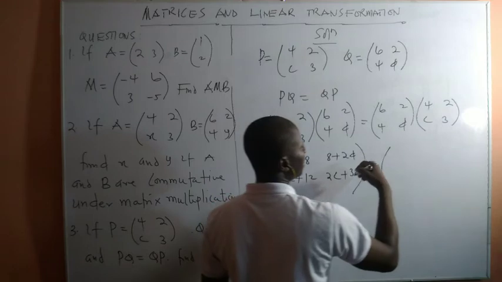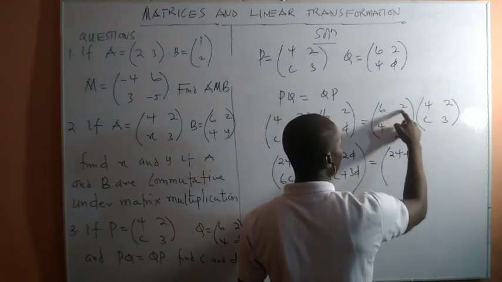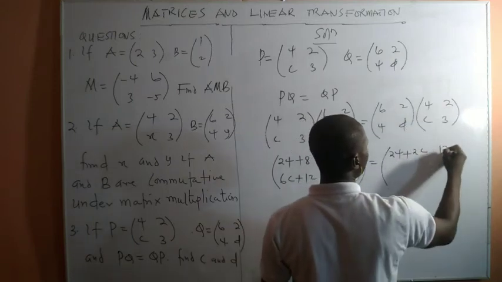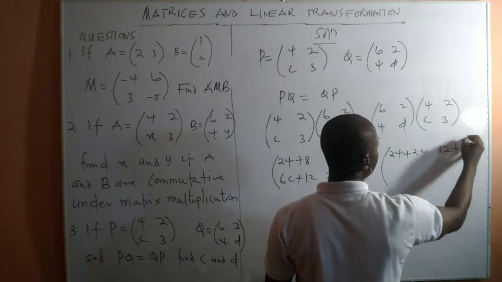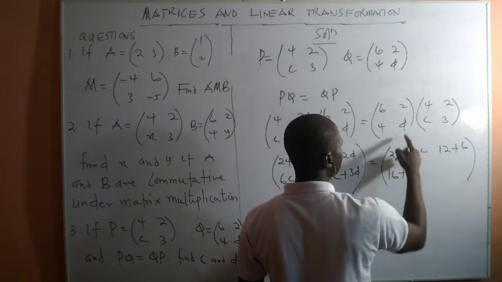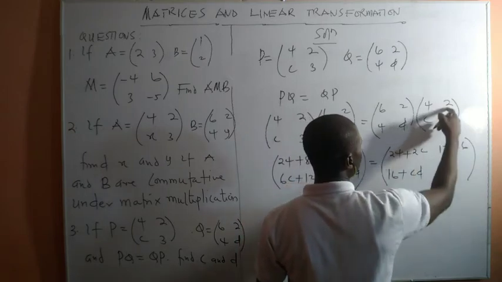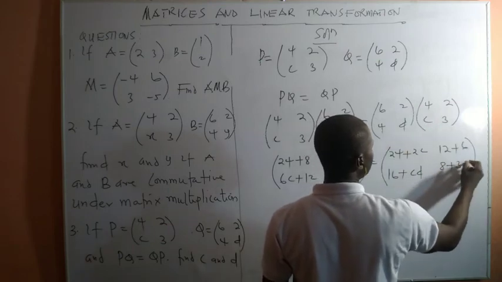Now we also multiply the right. We have 6 times 4, that will give us 24, plus 2 times C will give us 2C. Then 6 times 2 will give us 12, plus 2 times 3 will give us 6. Then we have 4 times 4, that is 16, plus D times C will give us CD. Then 4 times 2 will give us 8, plus D times 3 will give us 3D.